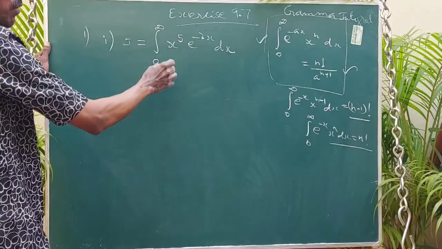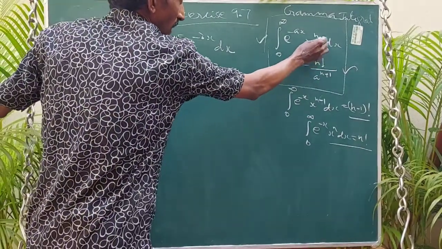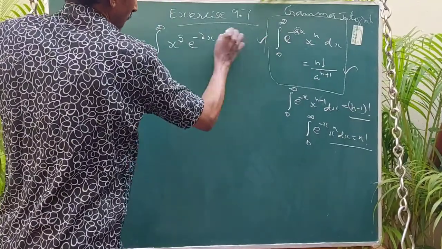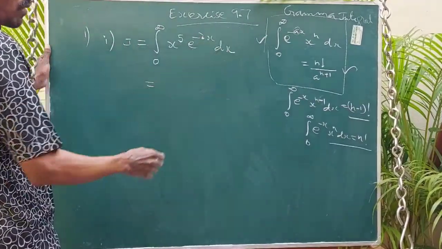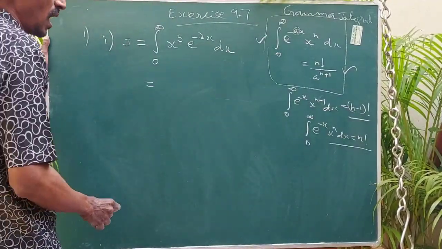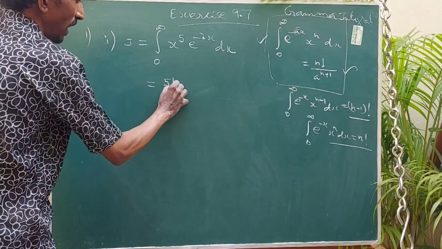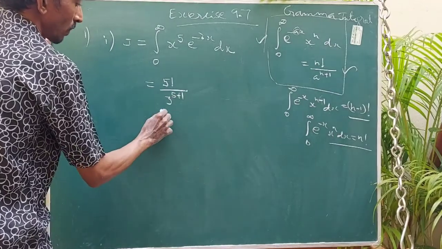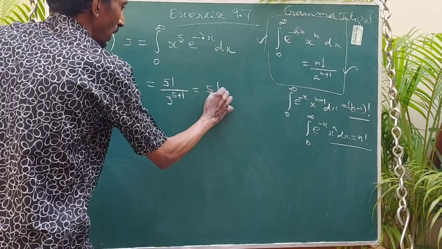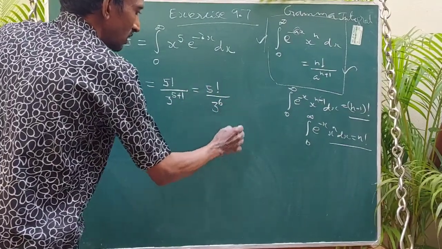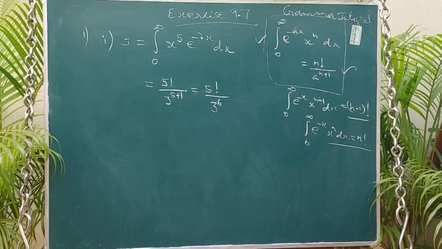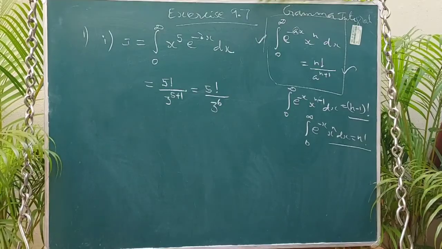Just compare with the formula: in the place of n we have 5, in the place of a we have 3, forget this minus, okay. So put it in the formula, n equal to 5, a equal to 3. So 5 factorial by 3 power 5 plus 1, okay. So 5 factorial by 3 power 6. I think no need to simplify this answer. So 5 factorial by 3 power 6.